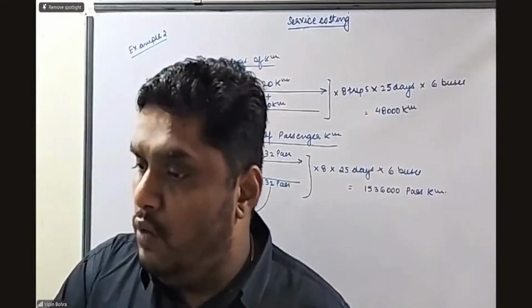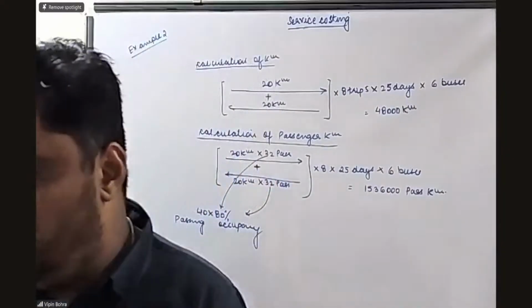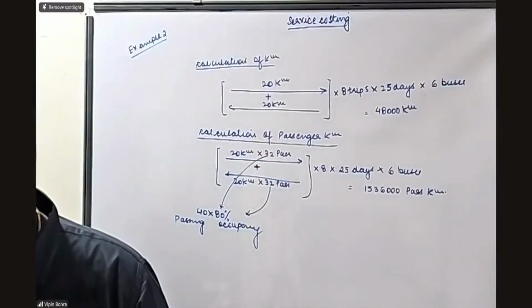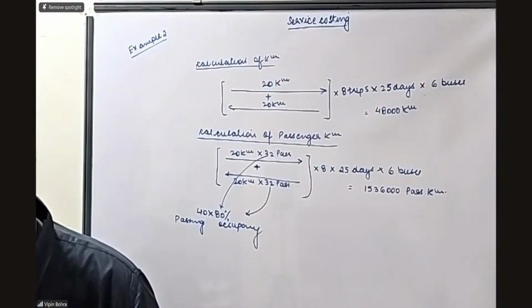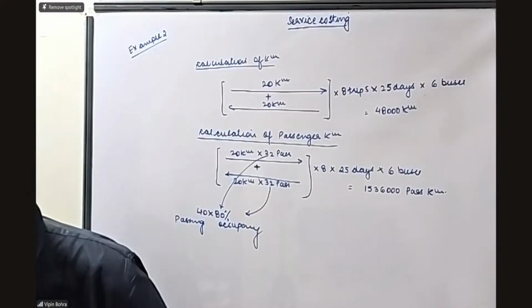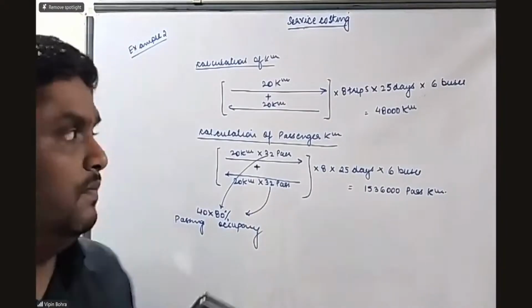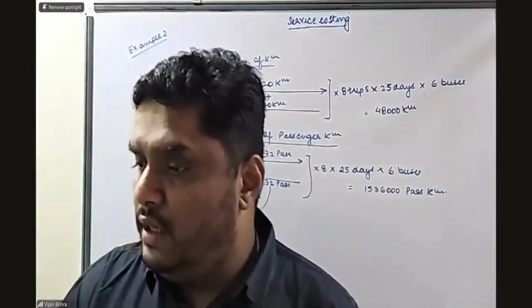Miss Chetra, sir, how we get 25 days in a month? It is given in the question, Chetra. Read the question carefully. I hope it is done now, Chetra. Any doubts?